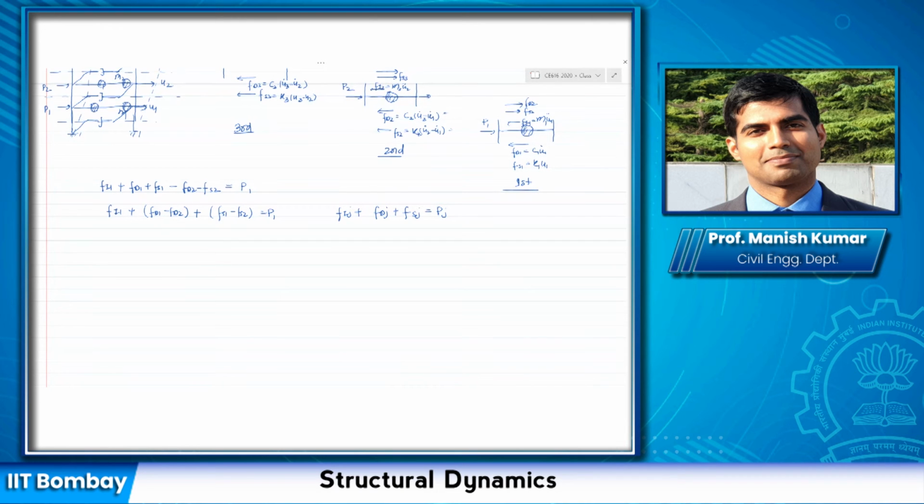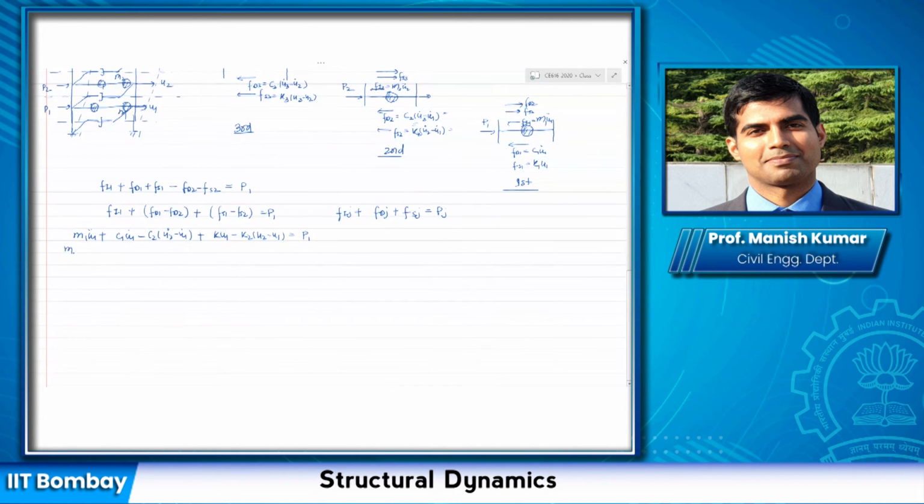Okay, now let us substitute the values here and see what do we get. So in this case, if I substitute it, I will get m1 u1 double dot. Okay, the Fd1 I have written as c1 u1 dot. Okay, minus Fd2 is, if you look at here, minus of c2 of u2 dot minus u1 dot. Okay, plus Fs1, which is k1 u1 minus k2 of u2 minus u1, and that is equal to p1.